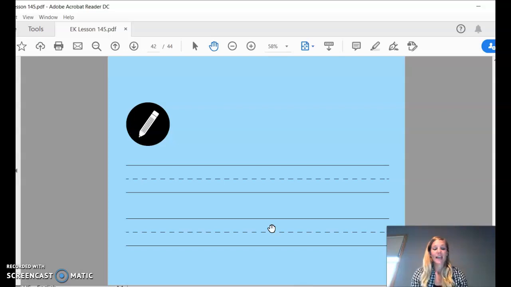Awesome. Now, your first word next to the number 1, write the word rag. You can sound it out, remember, using your touch spelling. Write the word rag. Next to the number 2, write the word ran.